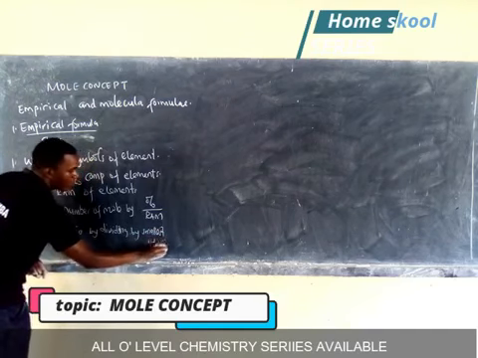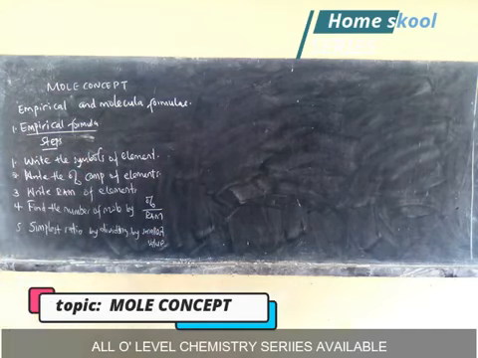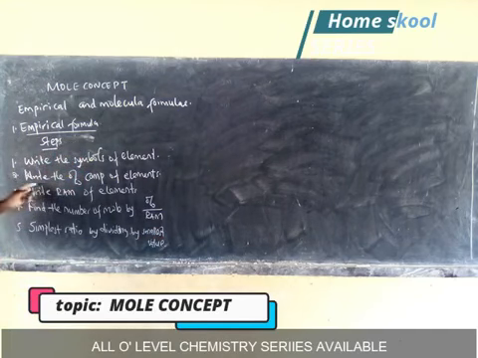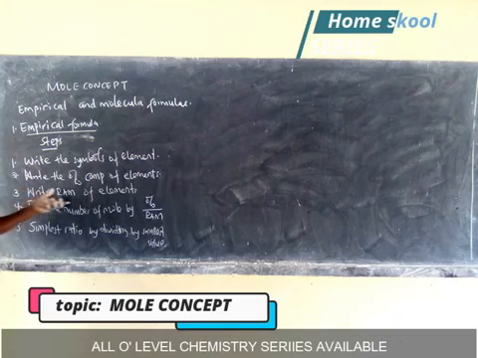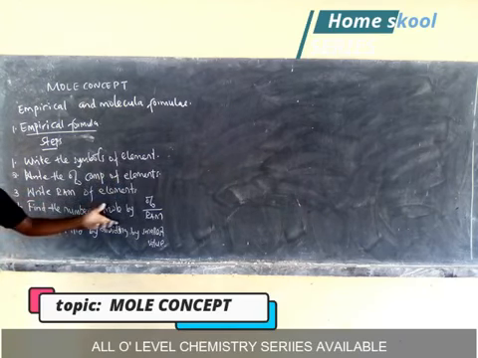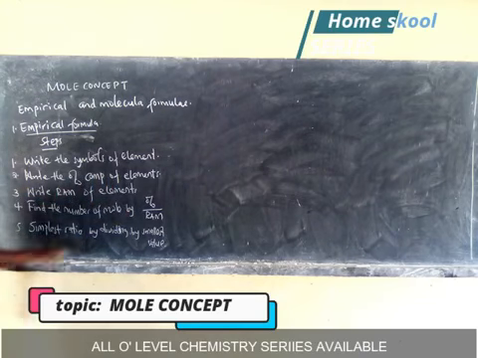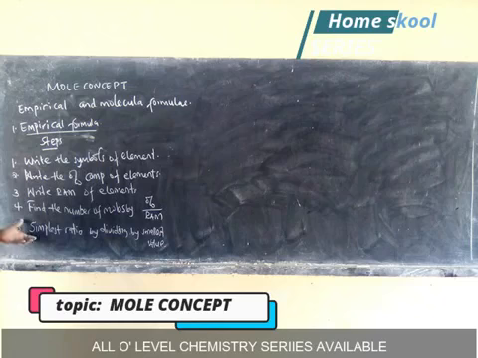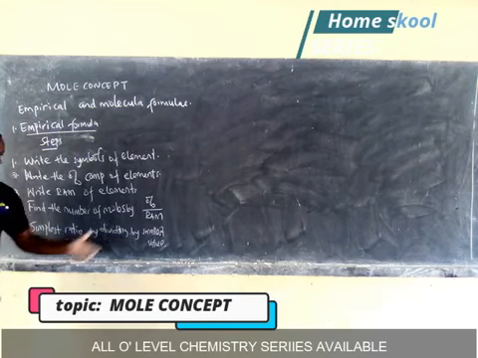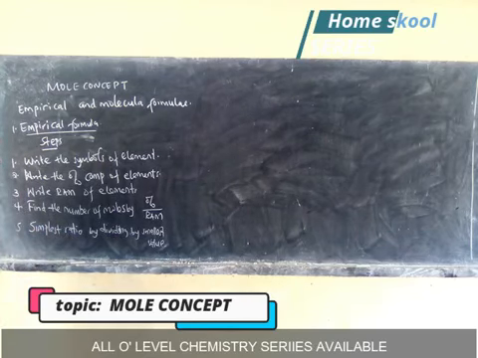So simply, these are the 5 steps that we take. Write the symbol of the element, write the percentage composition of the elements, write the relative atomic mass under this, then find the number of moles by dividing percentage composition by the relative atomic mass. Lastly, the simplest ratio by dividing by the smallest value.